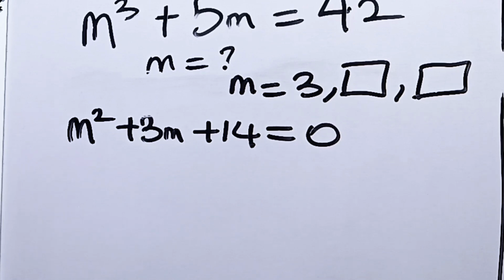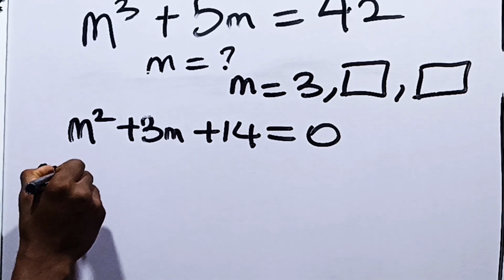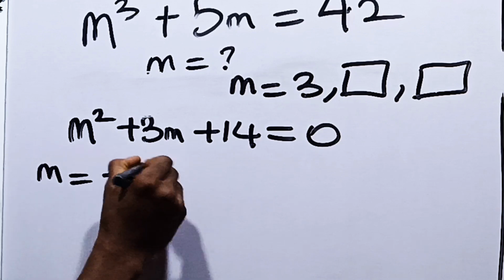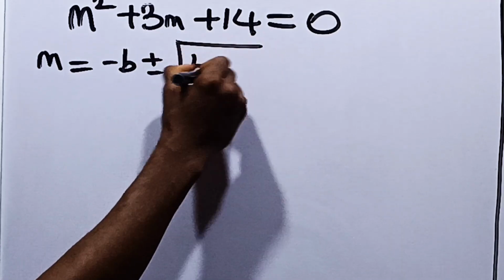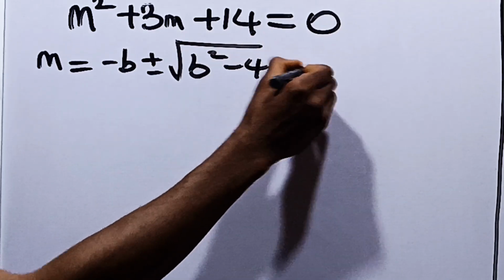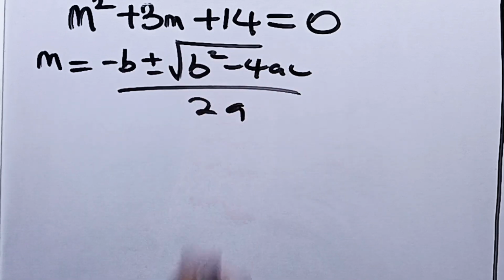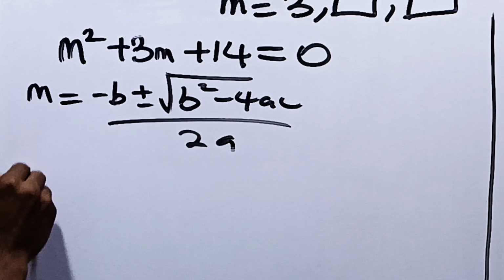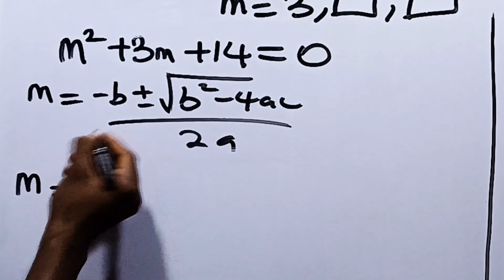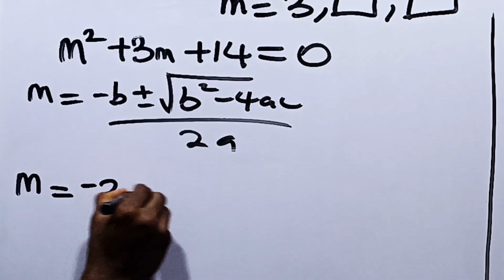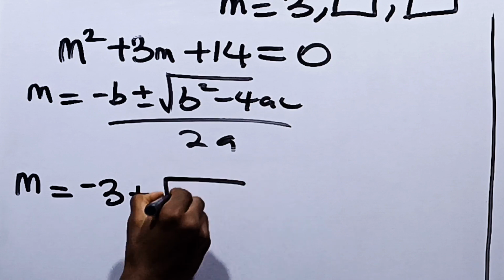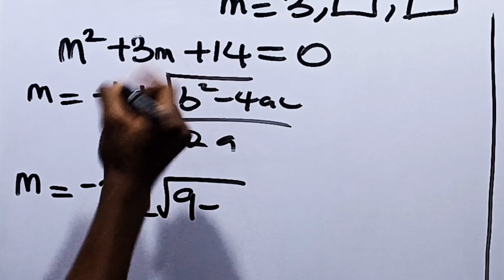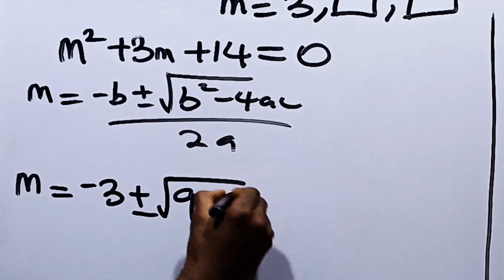So first of all, we can use the quadratic formula that says that m here will be equal to minus b plus or minus square root of b squared minus 4ac all over 2a. Okay, now our b is the coefficient of m. We can now say that from here m will become equal to minus b is minus 3 plus or minus square root of 3 squared is 9 minus 4 times 14 is negative 56.